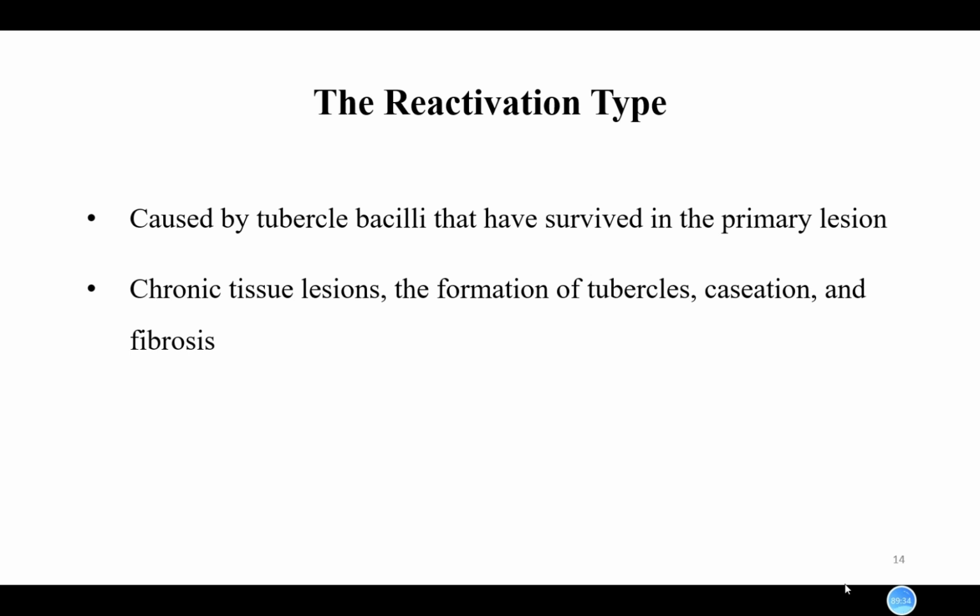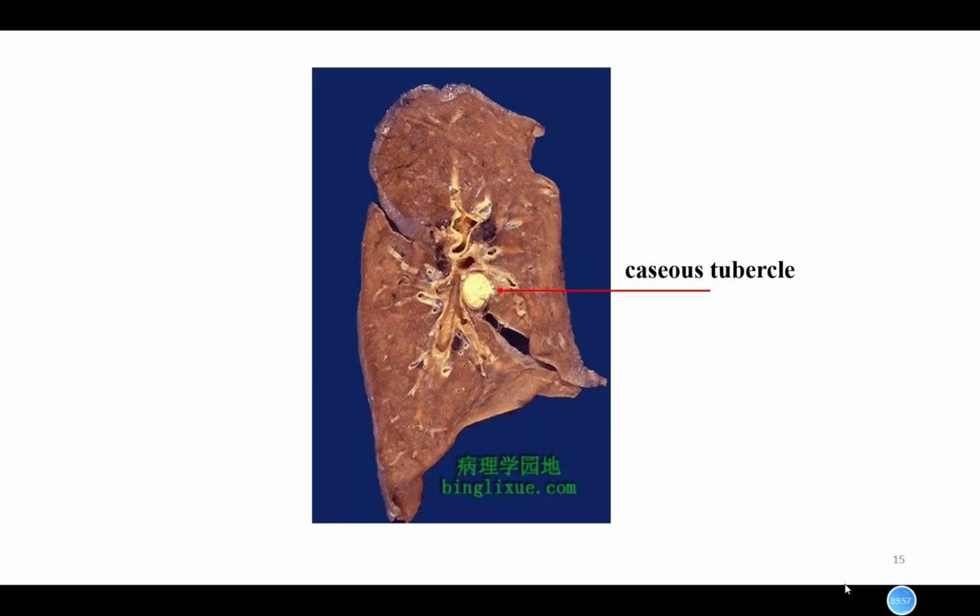So the lung is the primary site of infection. But tuberculosis can also cause infection in other organs, such as the bone and the intestinal tract, and it can cause lesions there. But the lung is the primary site of infection.